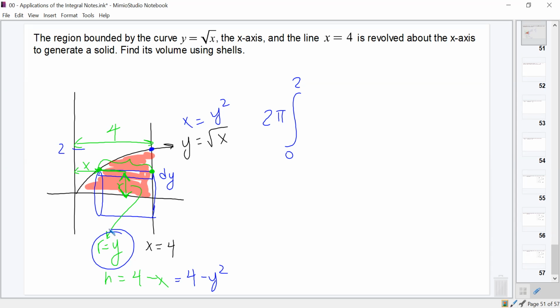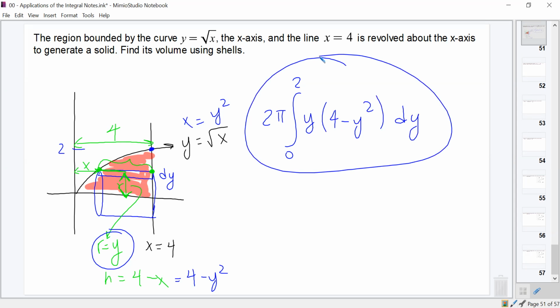And so all we're looking at here now is 2 pi times our integral from 0 to 2 of our radius times our height, dy. Obviously, we could distribute that out, but just like last time, we're mostly focused on setting up the integral. That's a pretty straightforward power rule integral that we don't really need to go through anymore. So there's our first shells problem.